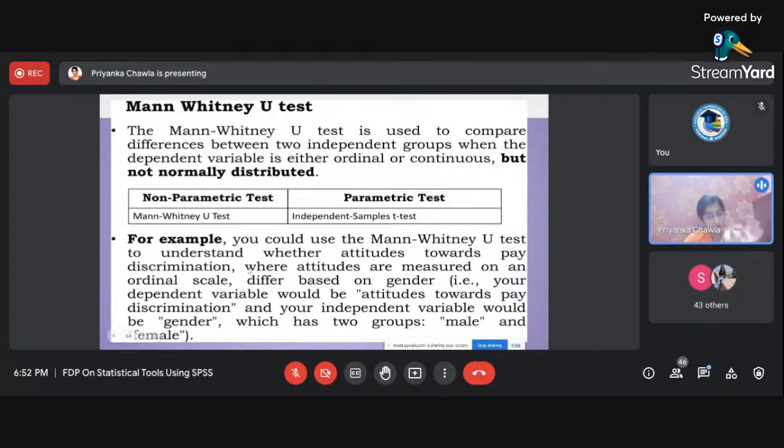So gender is categorical. Attitude, what will we say for attitude? Ordinal. Okay, on the basis of ordinal scale data, we collect information. We measure the attitude on an ordinal scale. If one is ordinal and the other independent variable is categorical, that means we will apply this Mann-Whitney U-test. Let us have one demo on this.